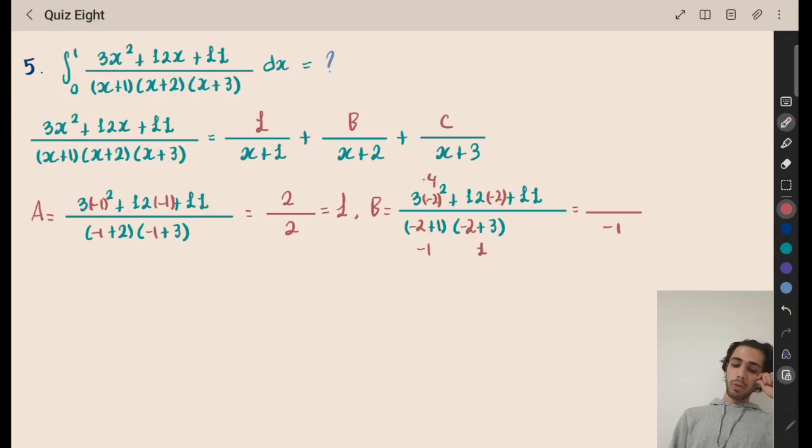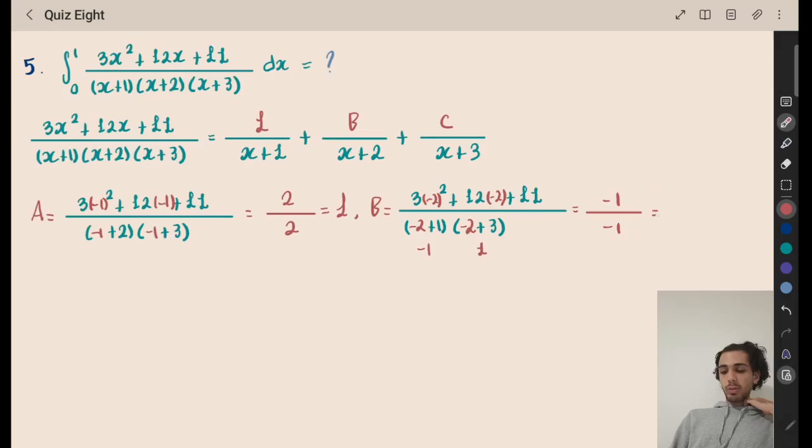Minus 2 squared is 4, 3 times 4 is 12. Minus 2 times 12 is minus 24. Plus 11 is plus 11. 12 plus 11 is 23. So 23 minus 24 is minus 1.